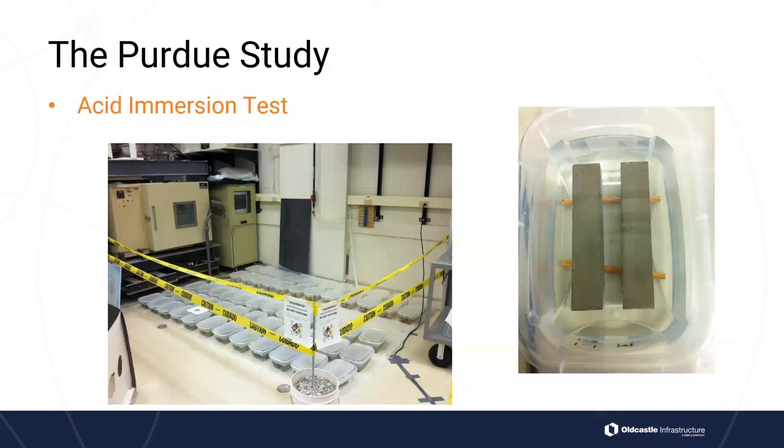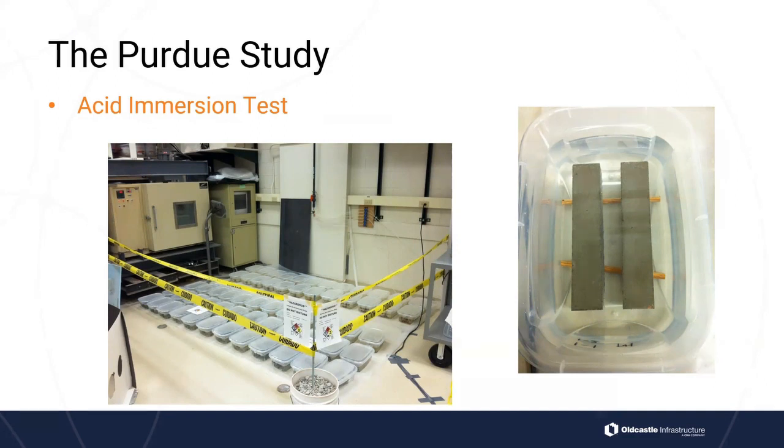They also looked at an acid immersion test and tried to improve upon it to see what would happen to concrete as it's exposed to this acid. They wanted to duplicate what happens as you get down into the thiobacillus thiooxidans, as it's releasing highly concentrated levels of sulfuric acid. What is that going to do to the concrete?